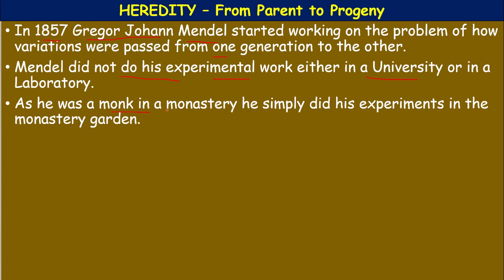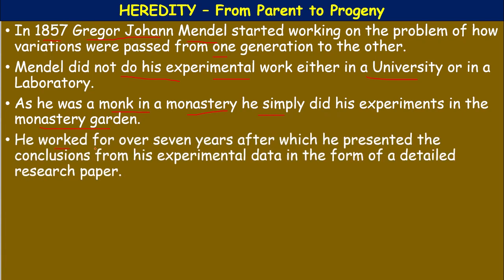As he was a monk in a monastery, he simply did his experiments in the monastery garden. He worked for over 7 years, after which he presented the conclusions from his experimental data in the form of a detailed research paper.